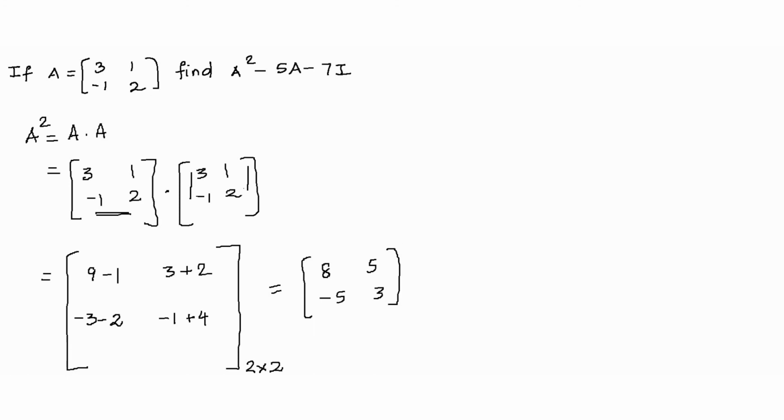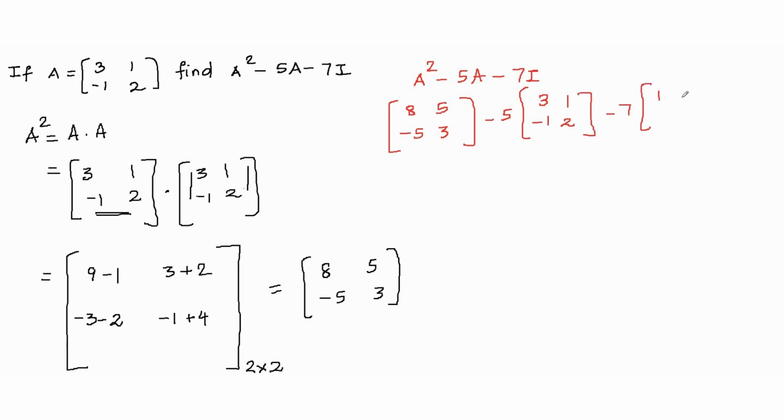So now what is my expression? My expression is A square minus 5A minus 7I. So what is A square? A square is 8, 5, negative 5, 3 minus 5 times the matrix A, which is 3, 1, negative 1, 2 minus 7 times I is 1, 0, 0, 1.